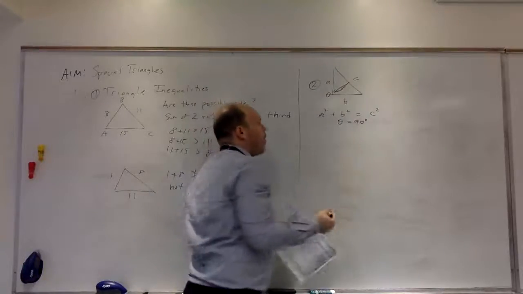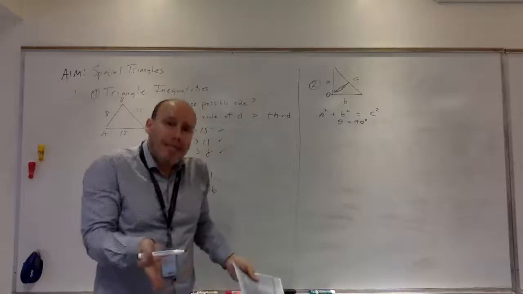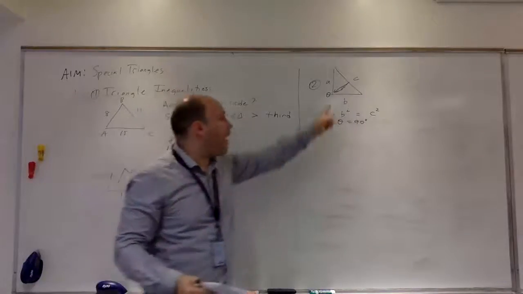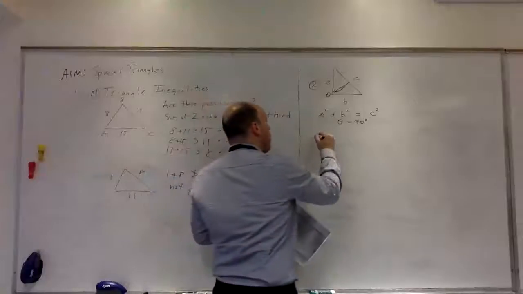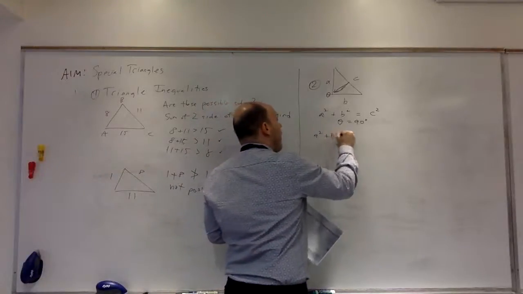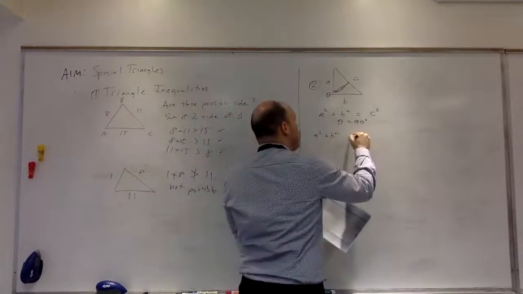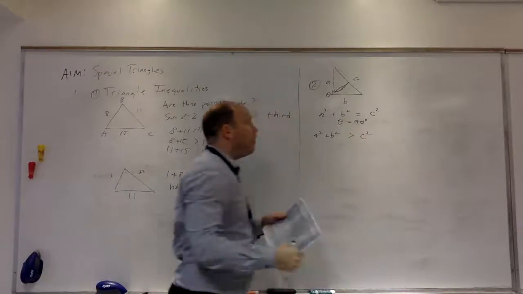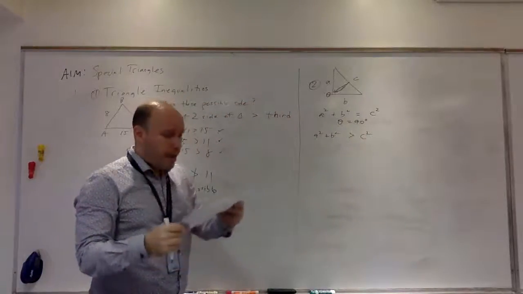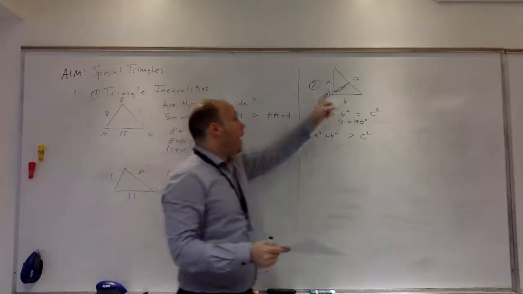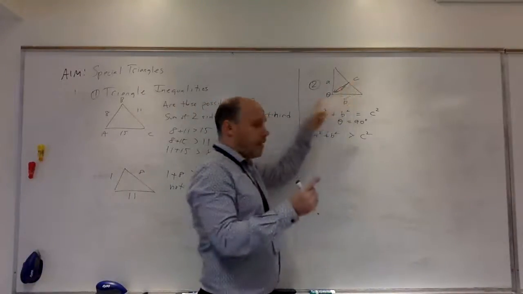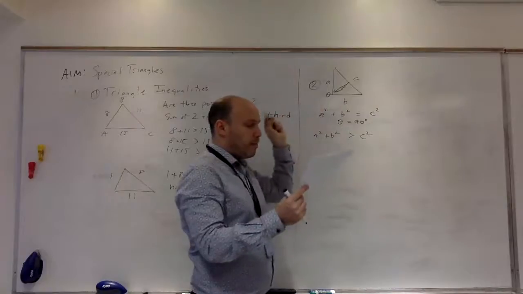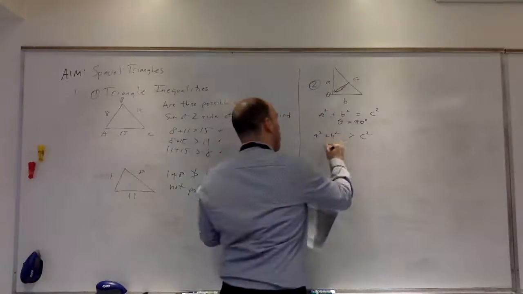But what if we don't have a right triangle? Can we tell something about this angle with other relationships? So for example, let's say it's not a right triangle, but A squared plus B squared is greater than C squared. Well, it turns out if A squared plus B squared is greater than C squared, then the angle opposite C is acute.